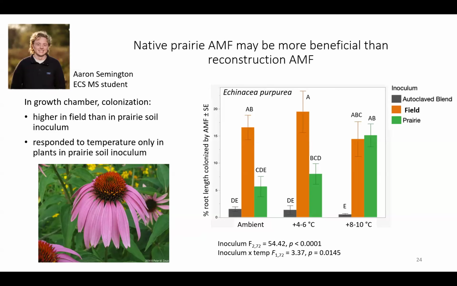So as temperature increases and as purple coneflower responds positively to this temperature by growing more, you then see this concomitant increase in root colonization, showing this response or this interaction between the AM fungi and the plants that is absent when they're inoculated with that field soil instead. So showing a difference in how that interaction works in prairie soil and in field.